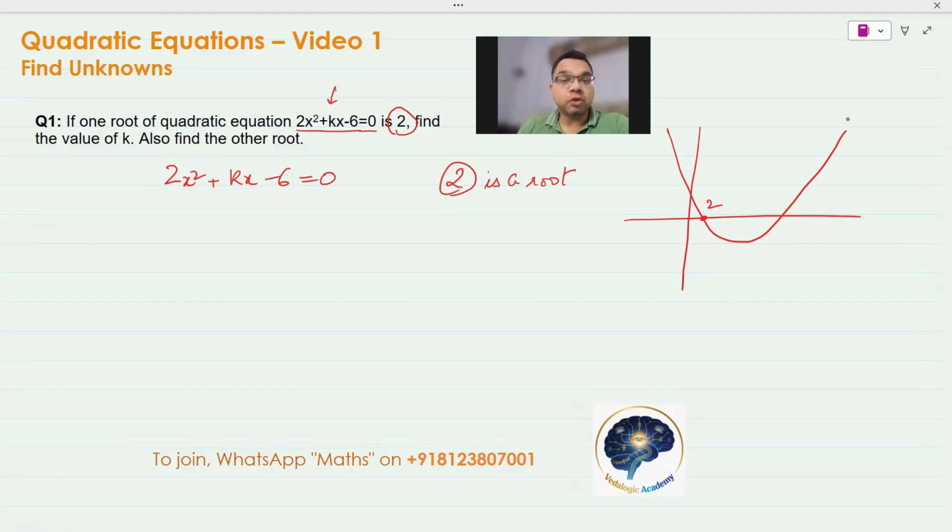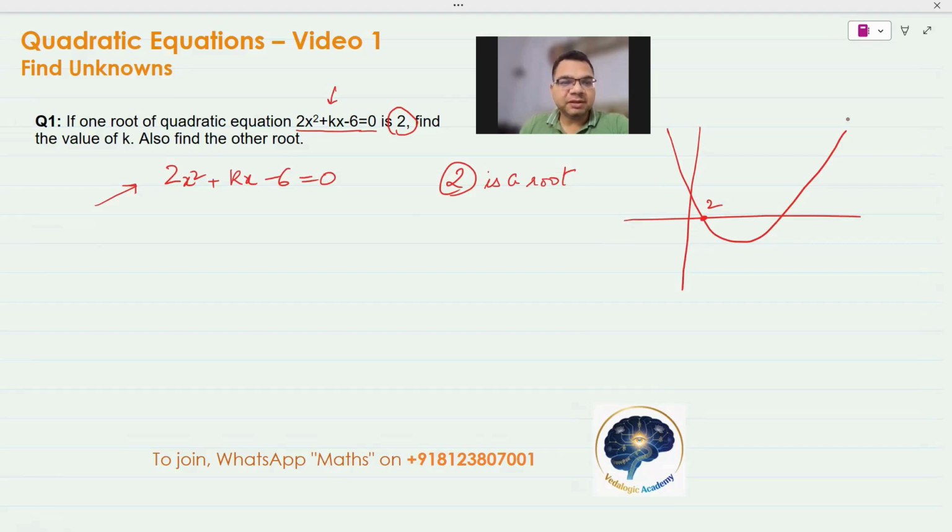2 is a value of x for which this graph satisfies the equation. When I say it satisfies, that means if I put the value of x in this equation, I get 0, right?